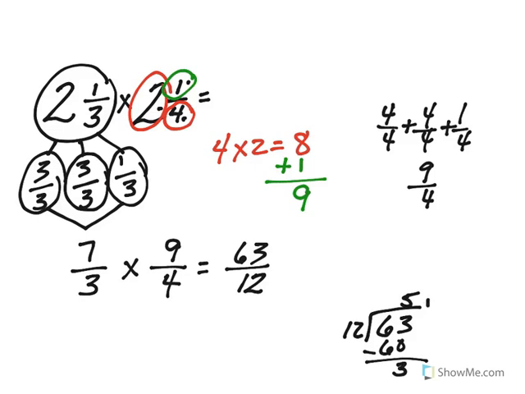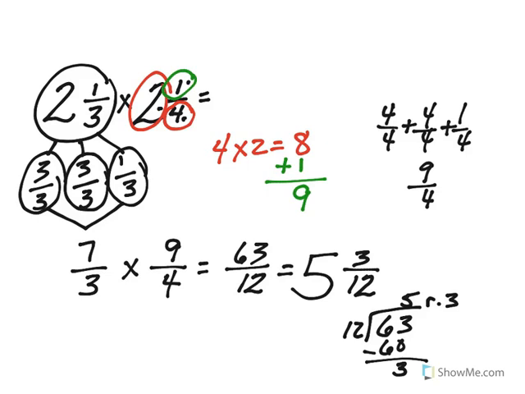I have 3 left, which is my remainder, and we know that that means my answer is my whole number, my remainder is my numerator, and my divisor is my denominator. So 5 3/12 is my answer so far.